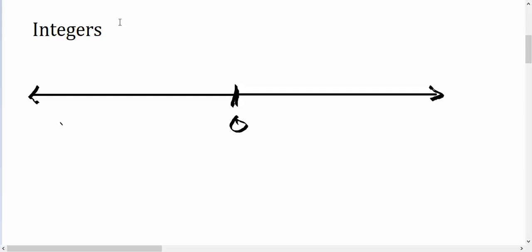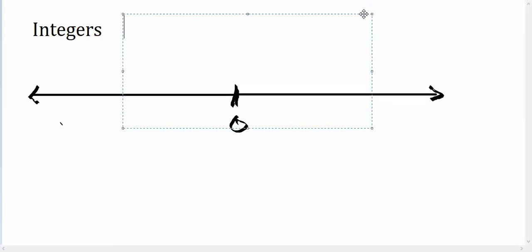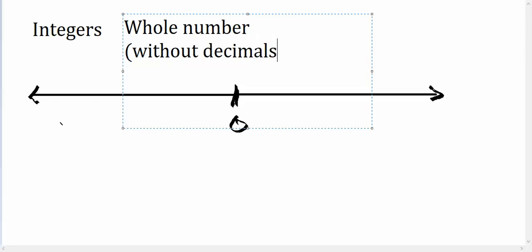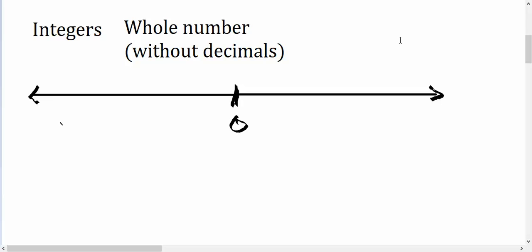Well, an integer is a whole number. Another way of looking at it is it has no decimal places. It's not a decimal number. It doesn't have a point. It's just a whole number.